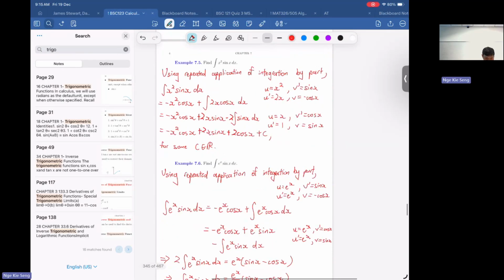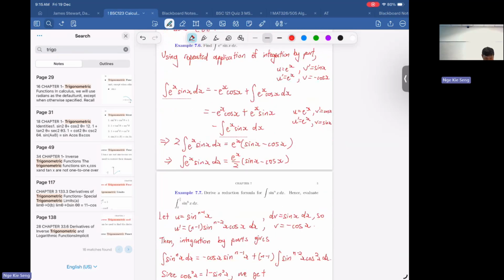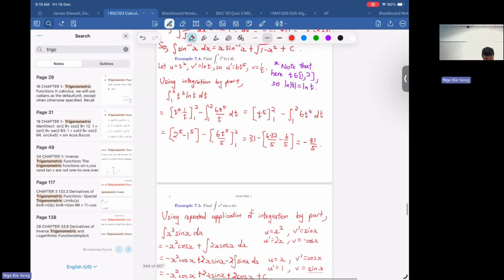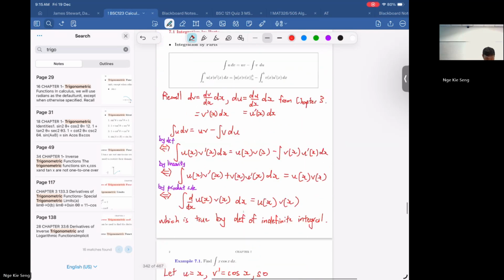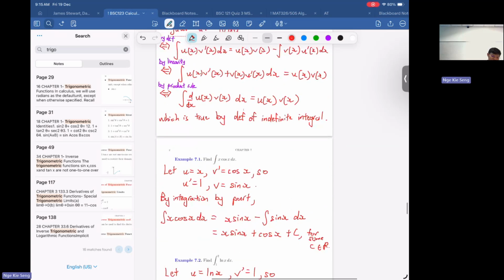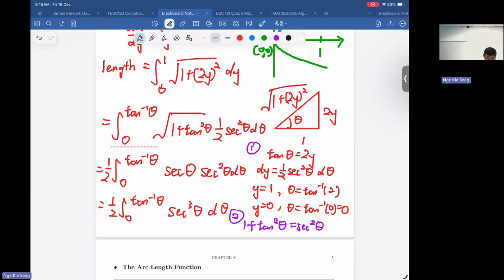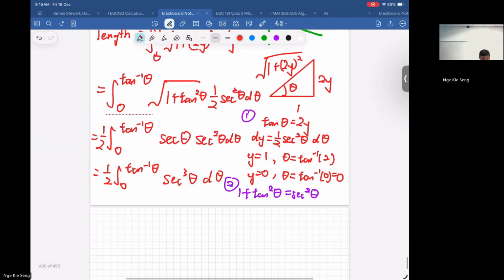Secant cubed. Oh, we only did it for sine to the n. Oh, we never did it before. Then shall we do it? How do we integrate secant cubed?